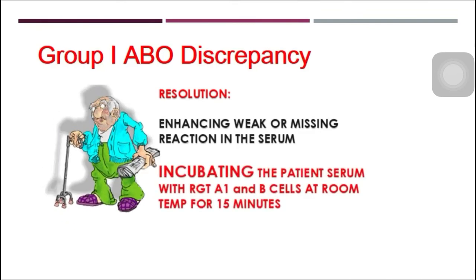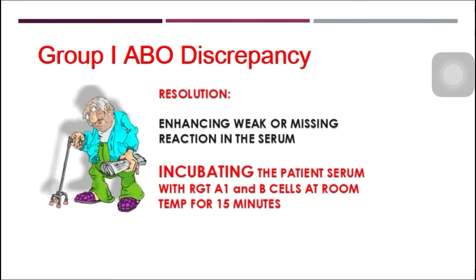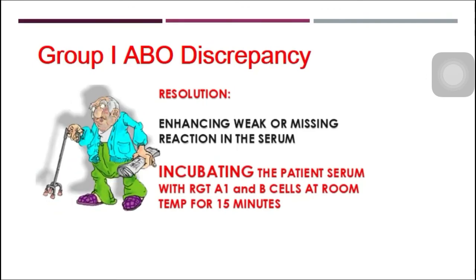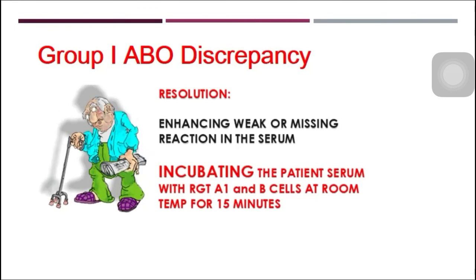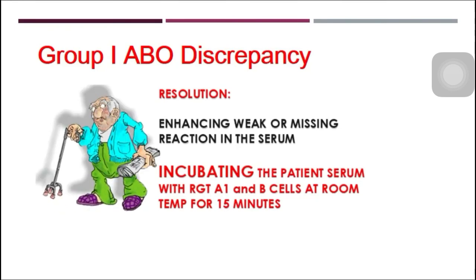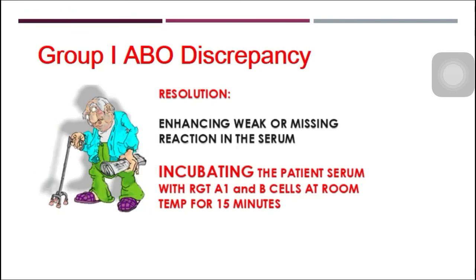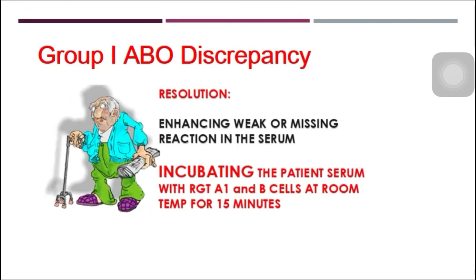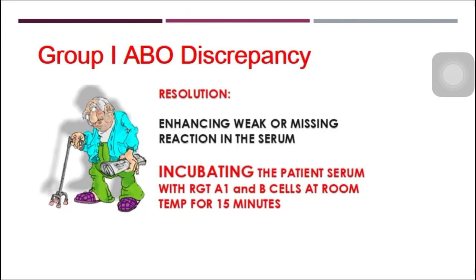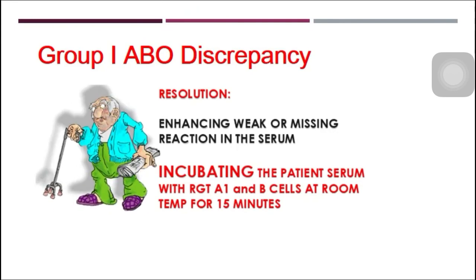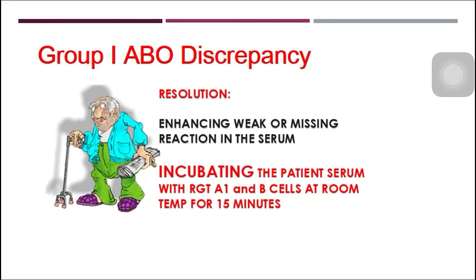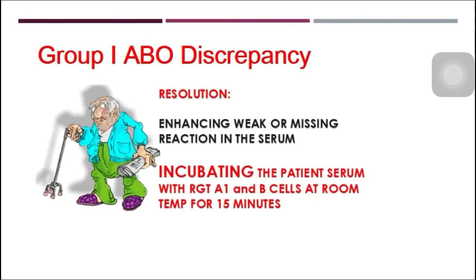This is usually performed by incubating the patient's serum with reagent A1 and B cells at room temperature for 15 minutes, or by adding 1 or 2 drops more of plasma or serum. Now, if there is still no reaction after centrifugation, the serum cell mixtures can be incubated at 4 degrees Celsius for 15 minutes.